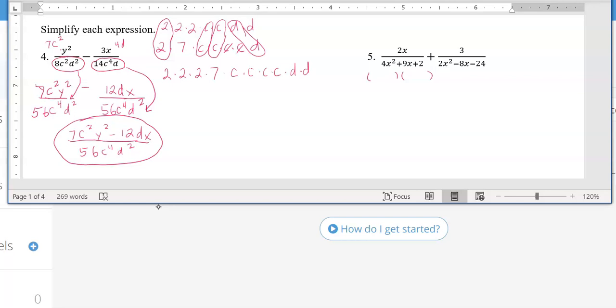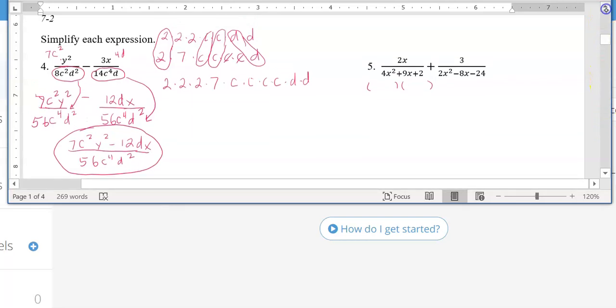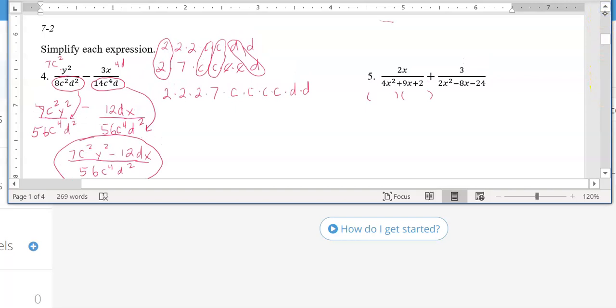So for those of you who maybe don't remember the box method, or you may need a little box method review, here's how it works. First term up here, last term in the bottom right, so diagonally across from each other.